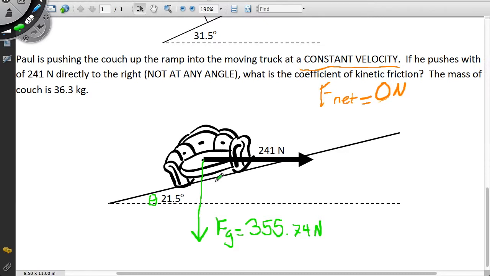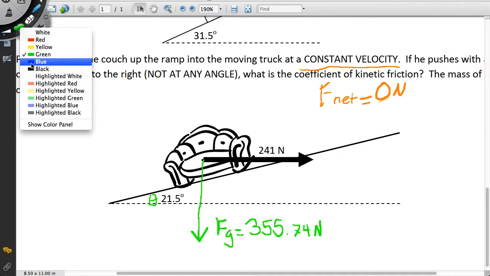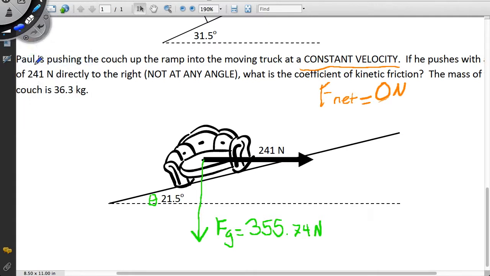So the next thing I want to do is start figuring out my calculations in accordance to my y. Okay, so my y right away will be an angle. So if I do my first FGY, all I'm going to do is take 355.74 times the cosine of 21.5.